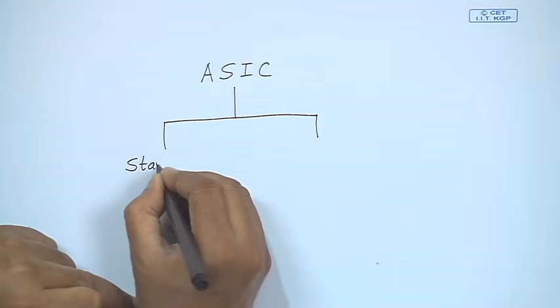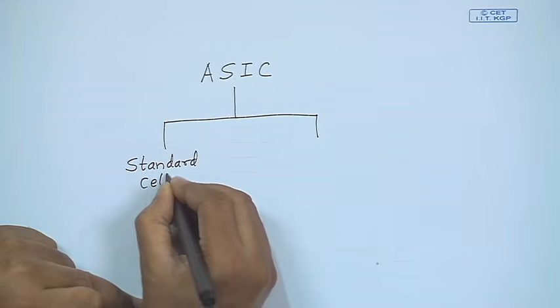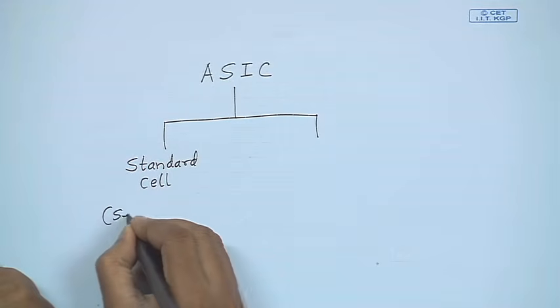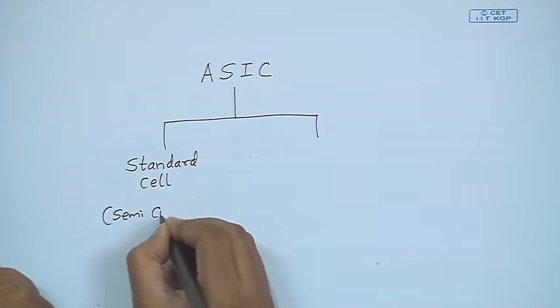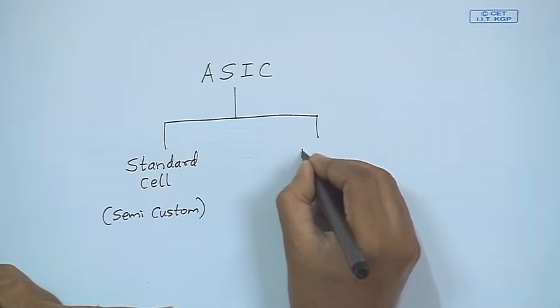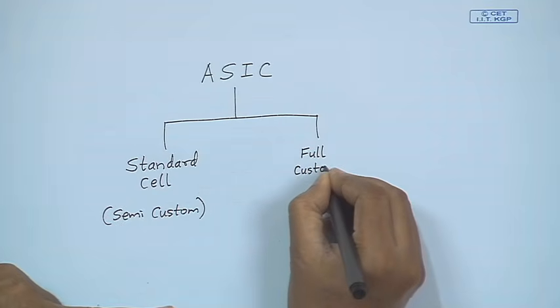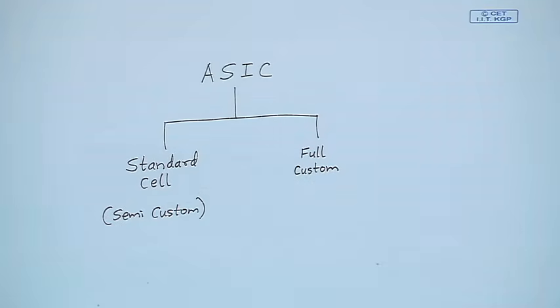One is called standard cell based, sometimes also called semi custom, and the other alternate style is full custom. These are the two broad approaches.